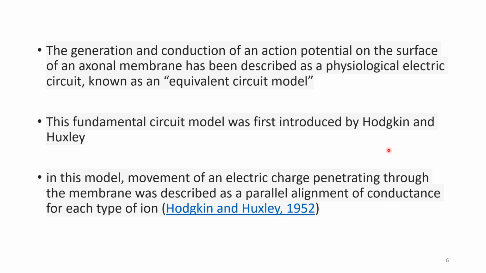This electric charge movement is parallel to the conductance of each type of ion. Potassium is moving inside, conductance is like this. Sodium is moving inside, conductance is like this, and it is creating electric charge through it. Potassium moving outside is also creating electric charge. So the movement of electric charge is parallel to the conductance of the ions.